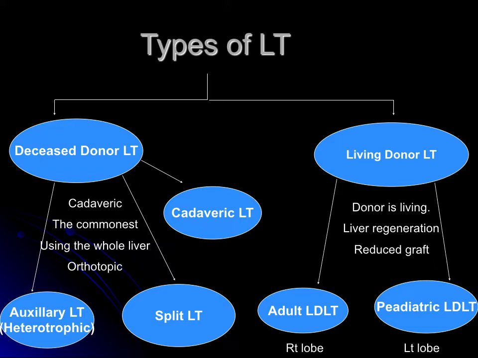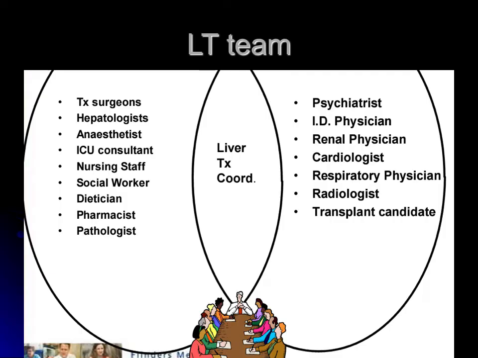It should be a normal liver. There is a concept of liver regeneration if the liver structure is good, so liver regeneration can happen. So the living donor liver transplant is divided into adult living donor liver transplant using the right lobe and pediatric living donor liver transplant using the left lobe.